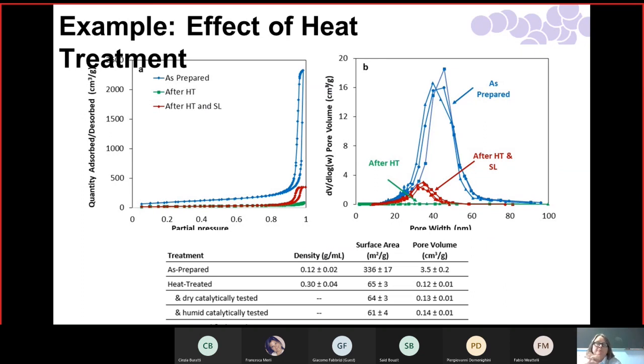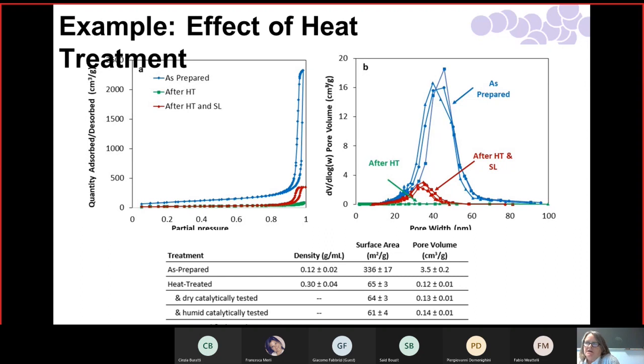And in this application, we study automotive exhaust pollution cleanup. So we're trying to convert what comes out of the gasoline engine, the nitrogen oxides, the unburnt hydrocarbons, and the carbon dioxide into something else.